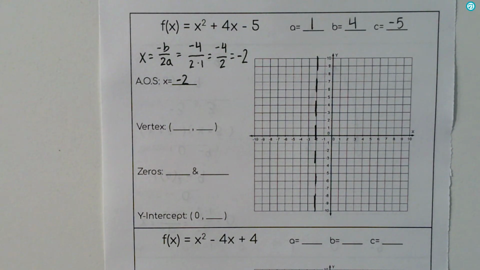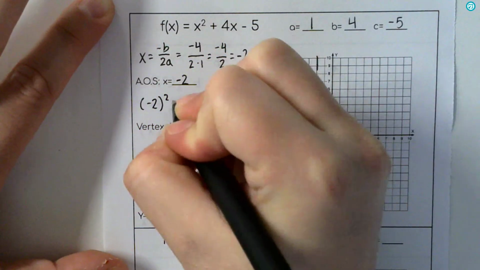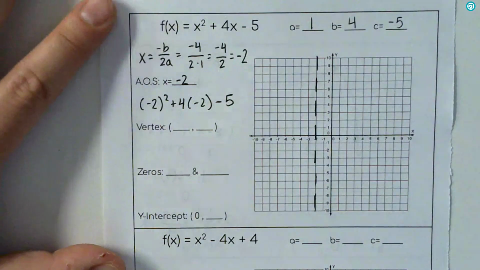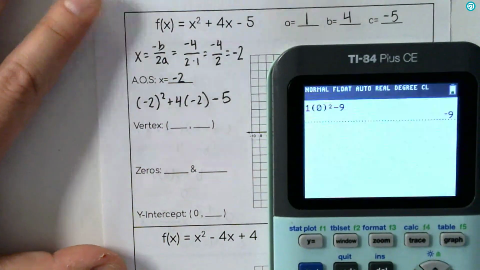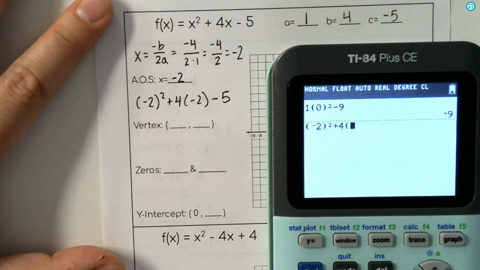Then I'm going to plug that negative 2 in to find the rest of my vertex. So I've got x squared, that'll be negative 2 squared plus 4 times negative 2 minus 5. I'll go ahead and throw that in our calculators.